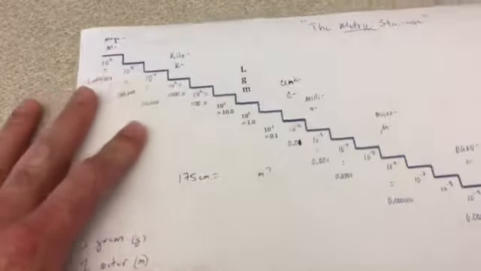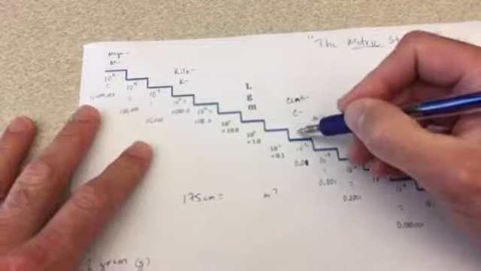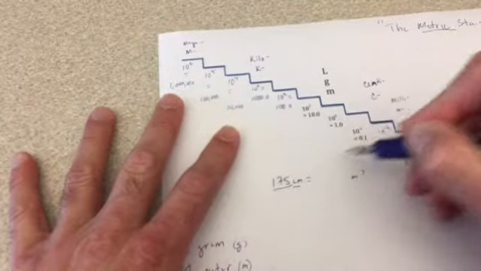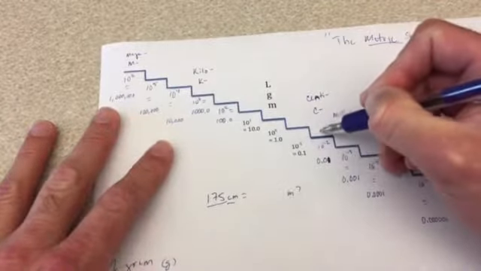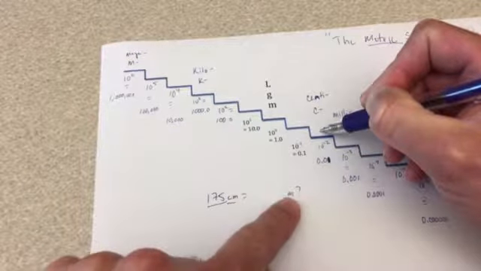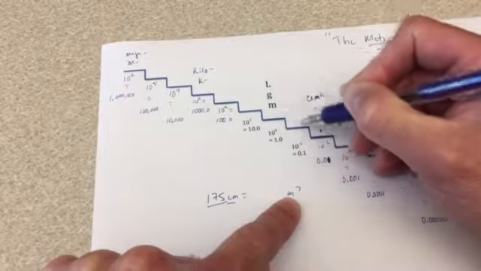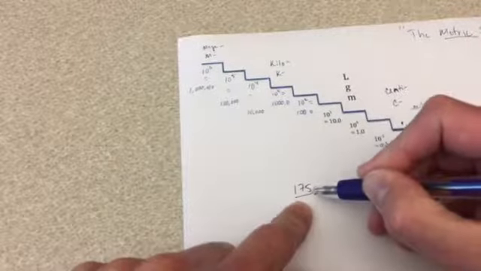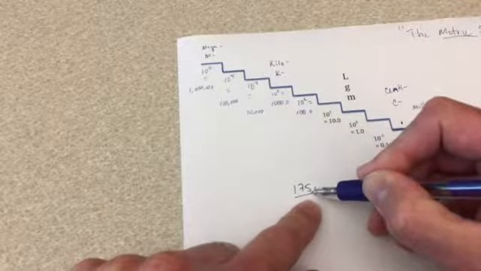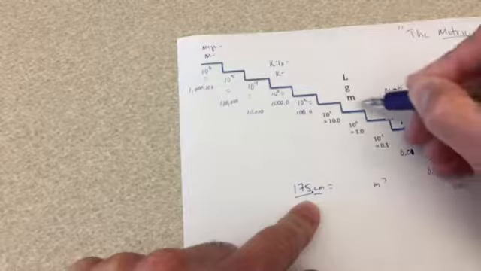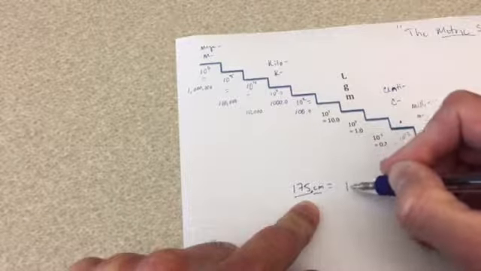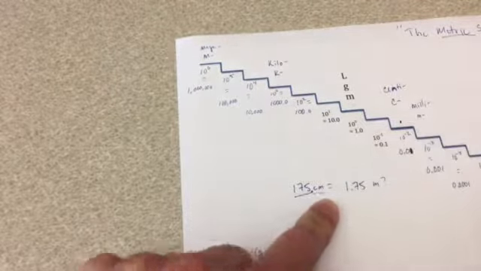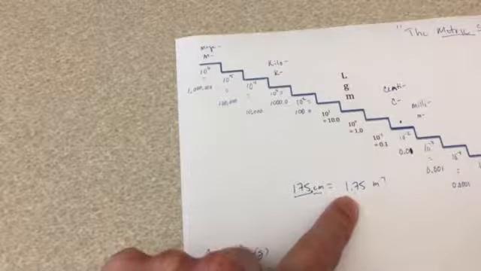In order to figure this out, we have to start at the centi place, because we've got 175 centimeters. So we're starting here, and in order to get to the meters, we have to go that way 2 steps. So we move the decimal place, which is implied after the 5, to the left. So I'm 1.75 meters. All right?